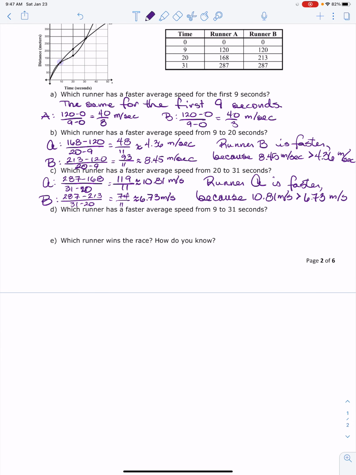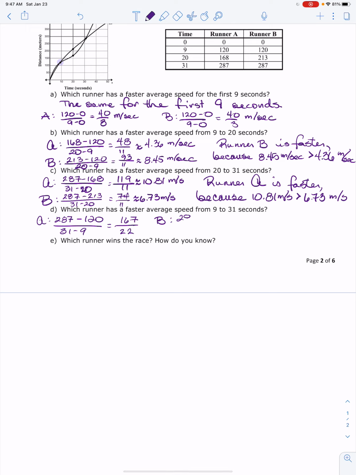Which runner has a faster average speed from 9 to 31 seconds? So let's take a look at what we've got here. So A has run 287 meters at 31 seconds, 120 meters at 9 seconds. We get 167 over 22.